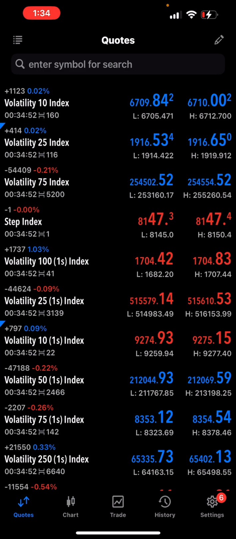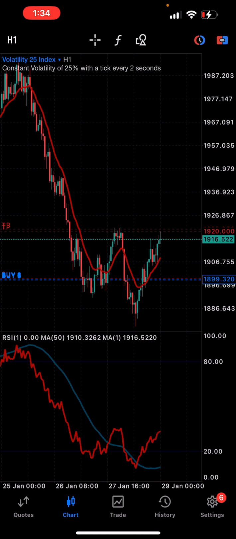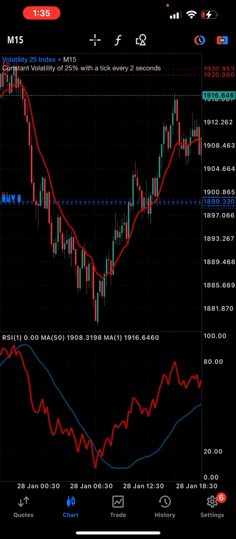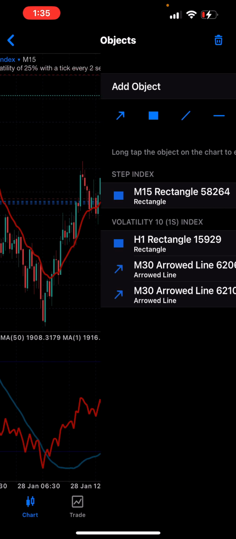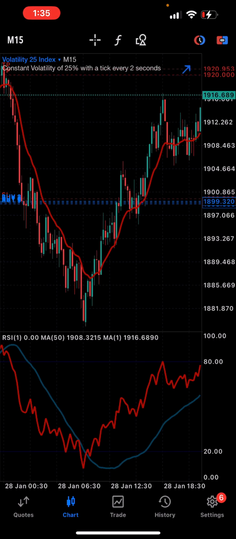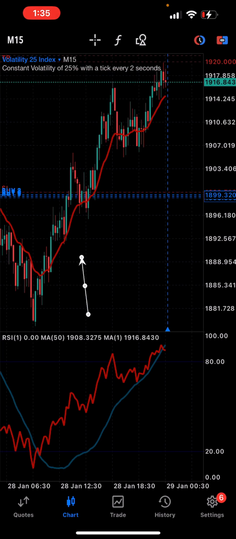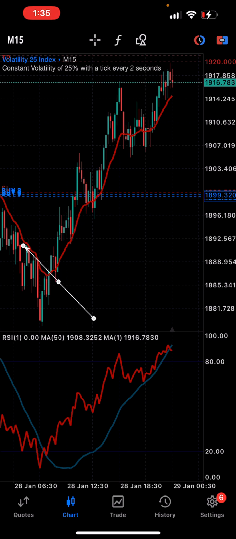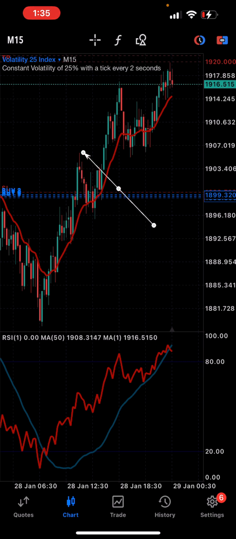Okay, so now let's look at the VIX 25 1 second. Let me explain that a bit to you guys. We are looking at the 15 minutes time frame. You can clearly see that the market is making highs. Right here we have a high, which took out this particular one, and then we have a high and we have a low.